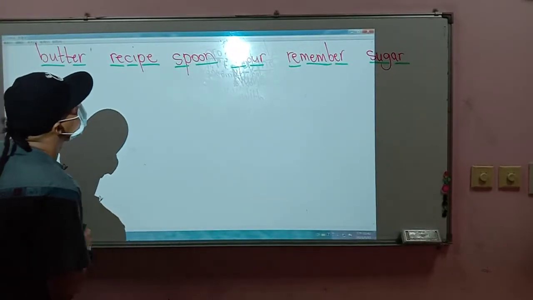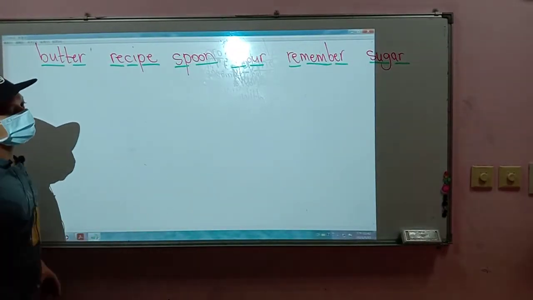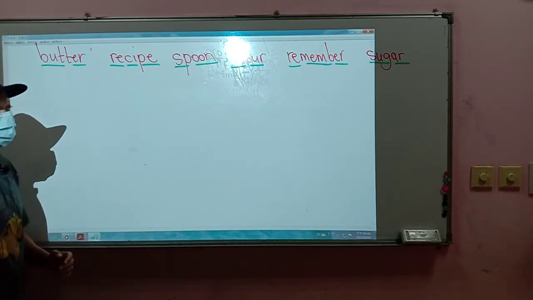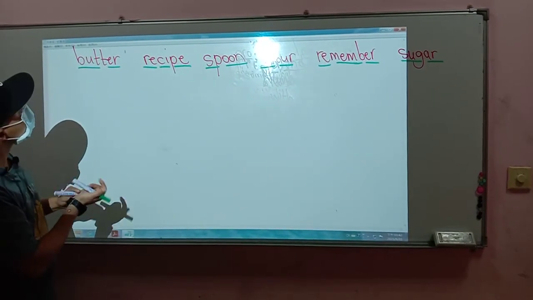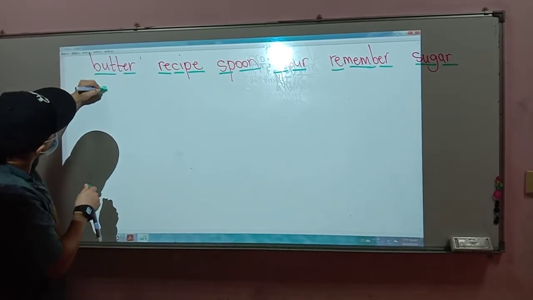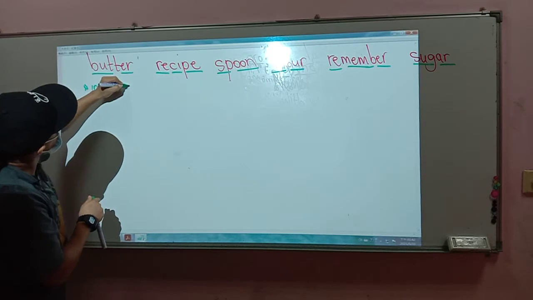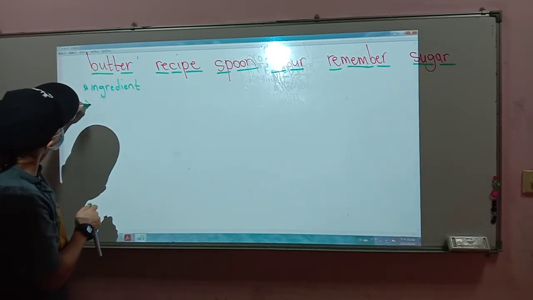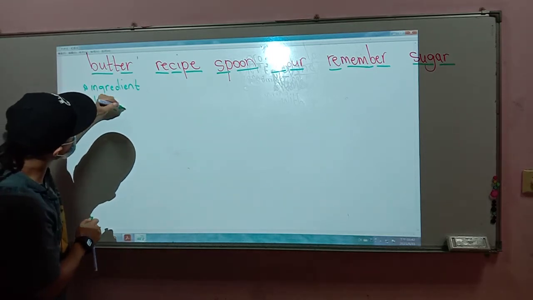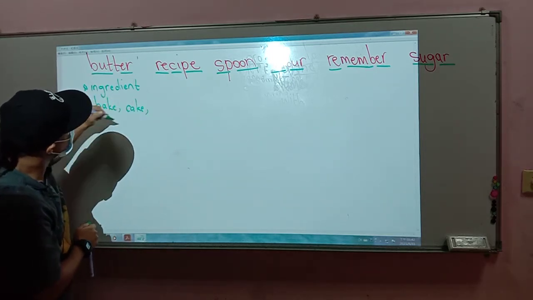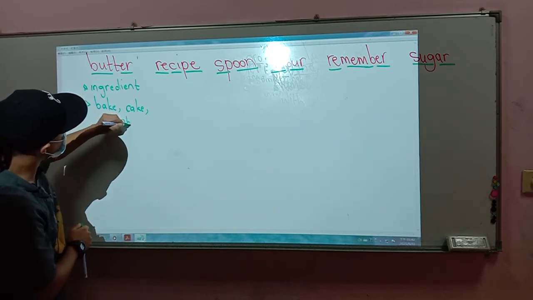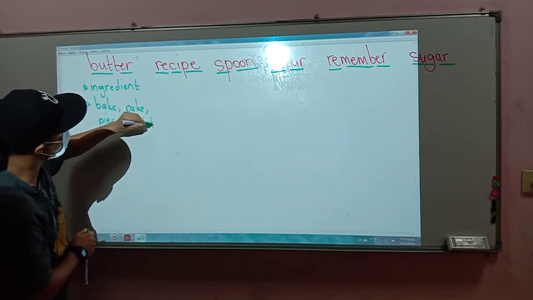Alright guys, so let me explain these vocabulary words to you before we continue to read, okay? So the first one is butter. This is an ingredient and we use it to bake things like cake, pies, chocolate, to make these kinds of things.